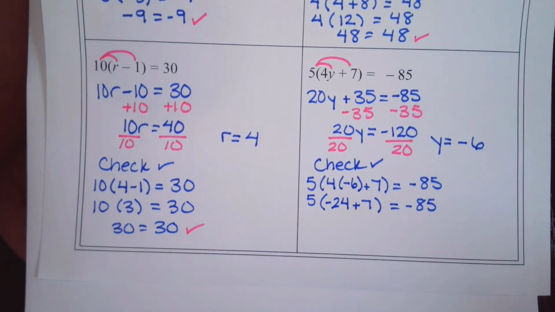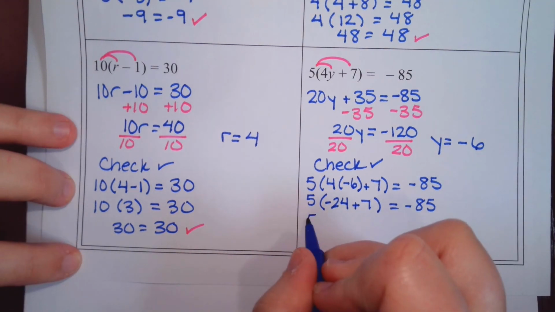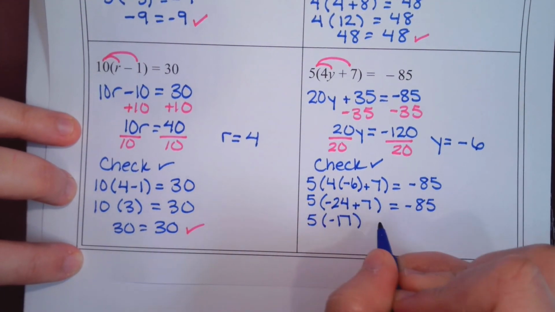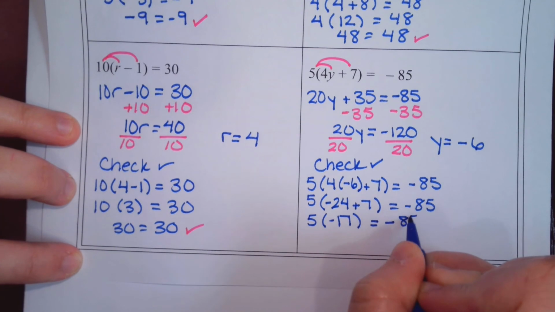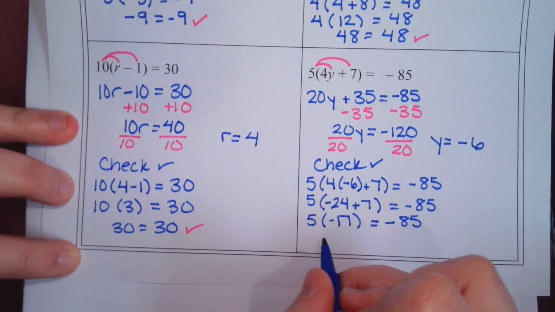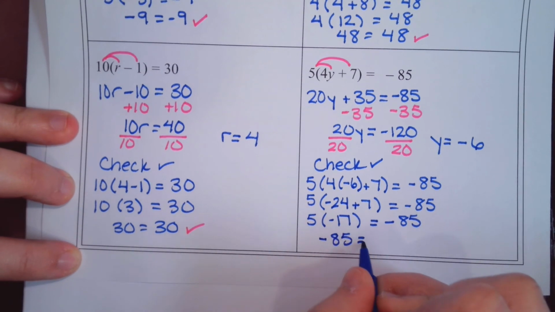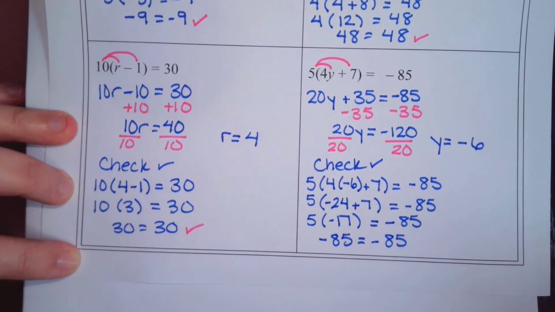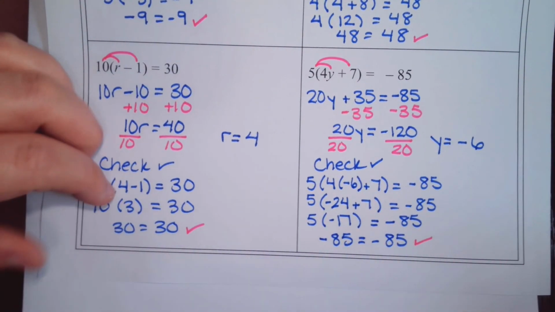Negative 24 plus 7, we get 5 times negative 17 is equal to negative 85. And then 5 times negative 17, look at that, it ends up being negative 85.